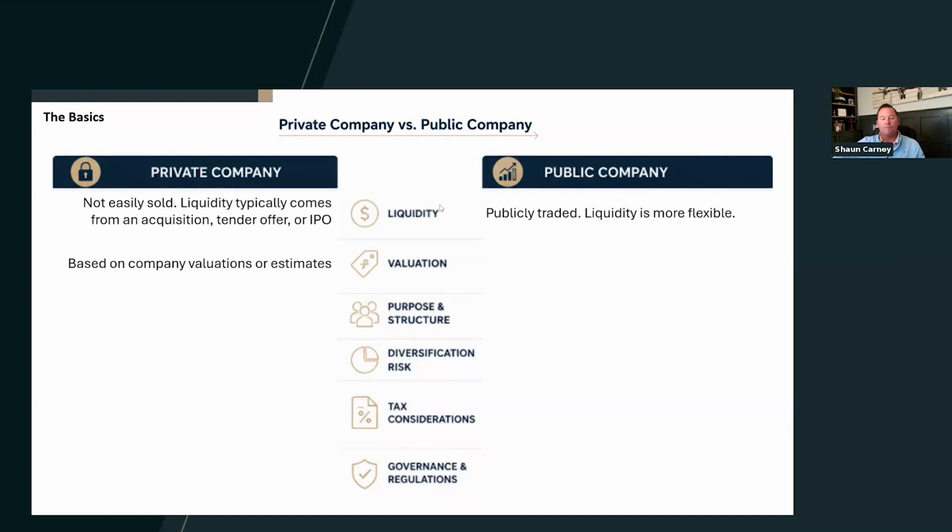How the company is valued. Oftentimes it's misunderstood with public companies: I am looking at the price of, let's call it Apple. That is what the market, millions of people buying and selling Apple within a day, believe the company is worth.